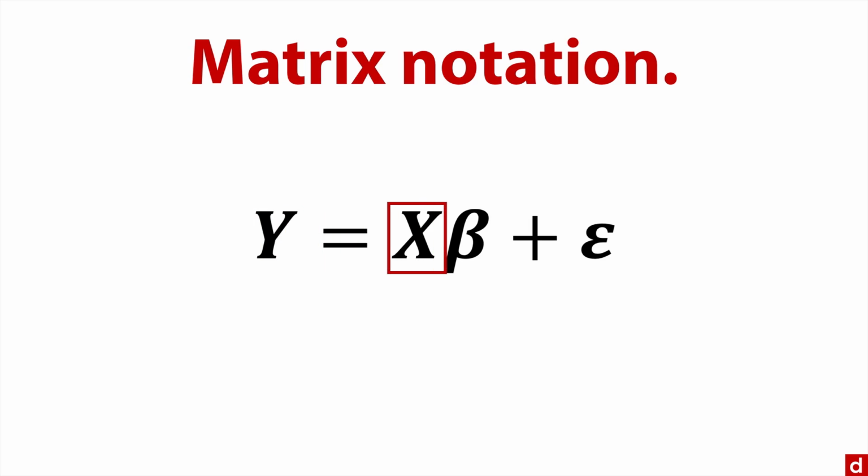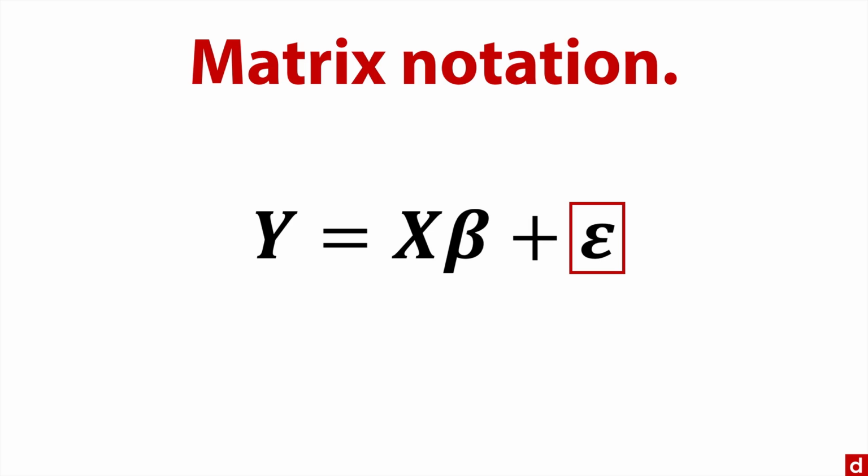This bolded X is the entire matrix of values that each person has on each variable. This bolded beta is all of the regression coefficients. And this bolded epsilon is the entire vector of error terms.